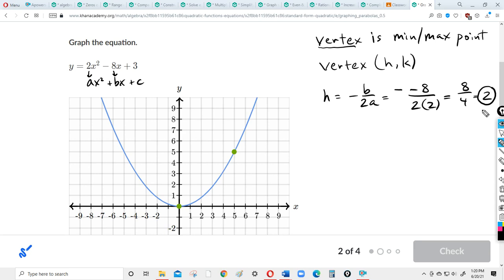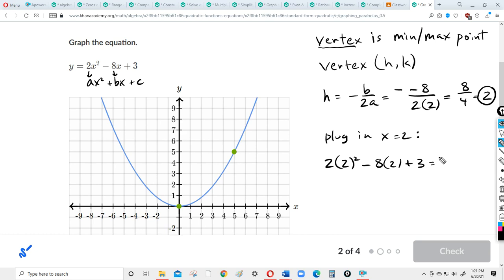And you take the 2 and you plug in x equals 2. So we're going to have 2 times 2 squared minus 8 times 2 plus 3. Okay, and you can do that whole thing in the calculator.